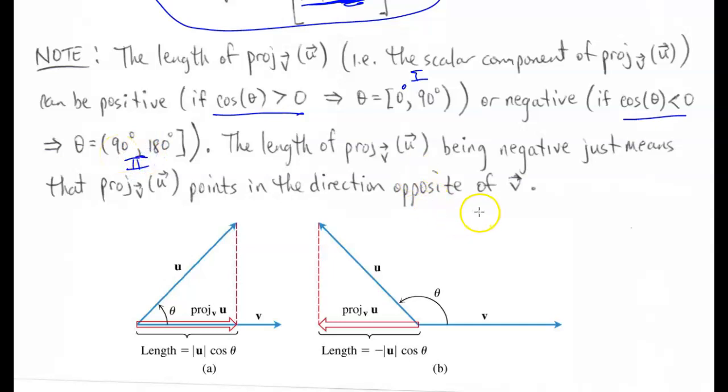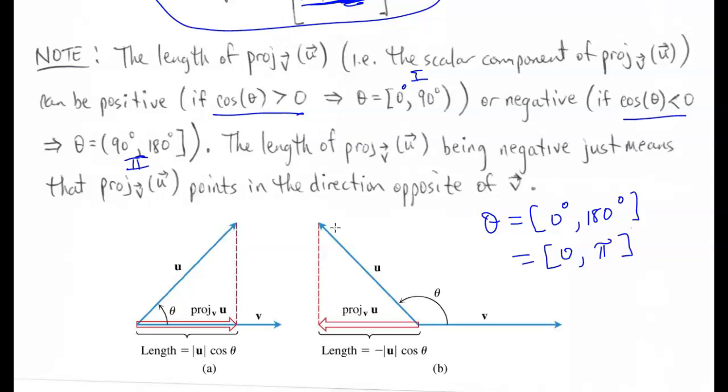And so we only consider angles from 0 degrees to 180 degrees, or if you want to look at it in radians, from 0 to pi radians, because remember, all of this comes from trying to find the angle in between two sides of an oblique triangle.